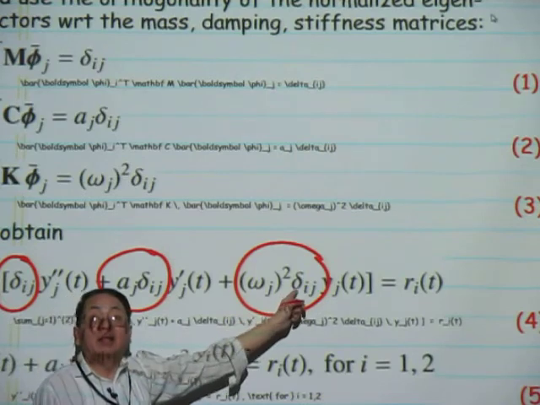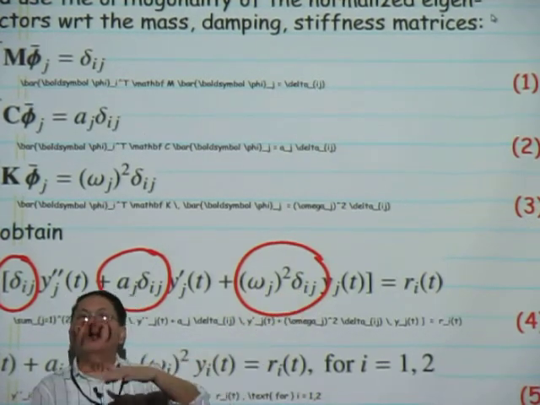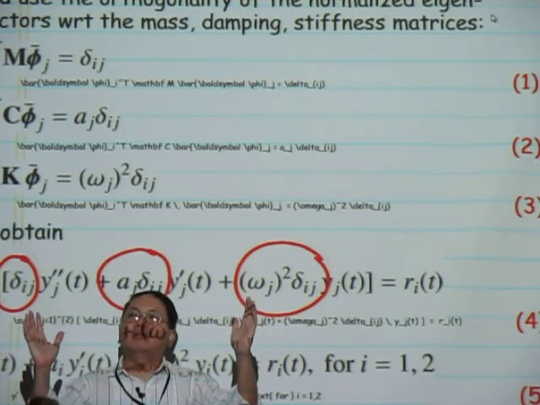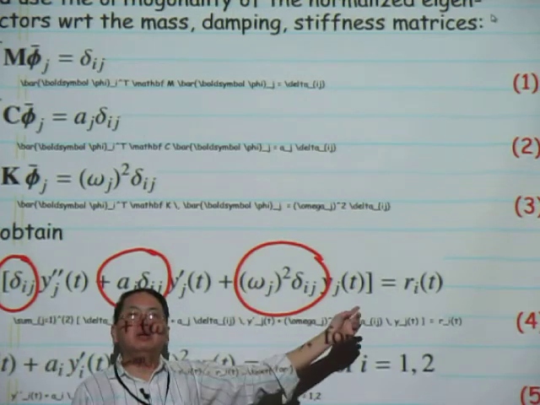Now the magic of the Kronecker delta, remember Kronecker delta, you can think of the Kronecker delta as really like a diagonal matrix already. It's really the identity matrix.